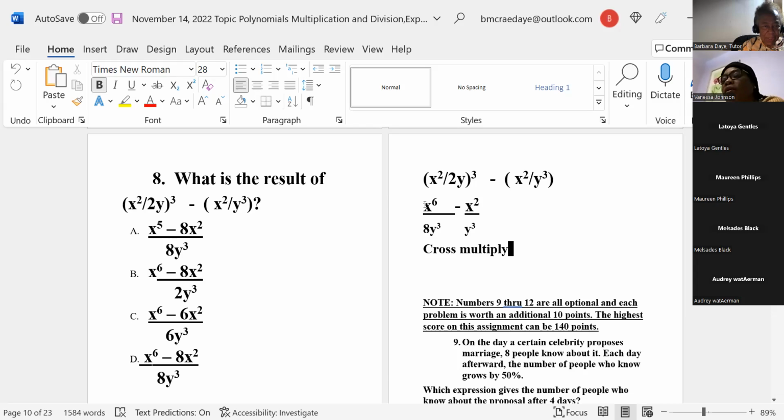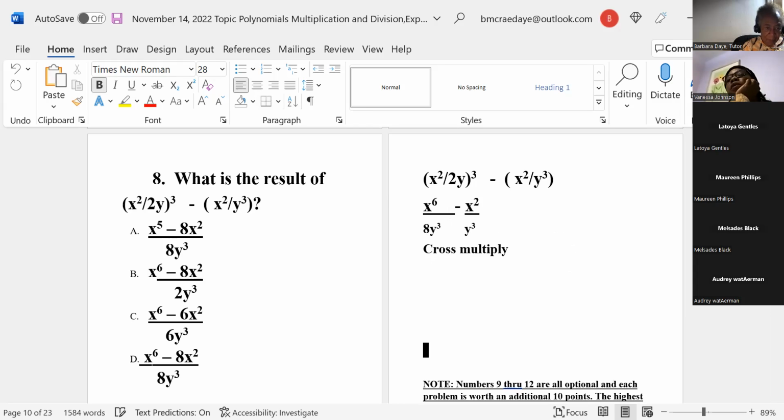Well, numerator times denominator. Yes. Minus numerator times denominator. And then the denominators times themselves, right? So yes, what would that give you, Vanessa? So you said numerator times denominator. So just multiply numerator times denominator. So it would just be what?